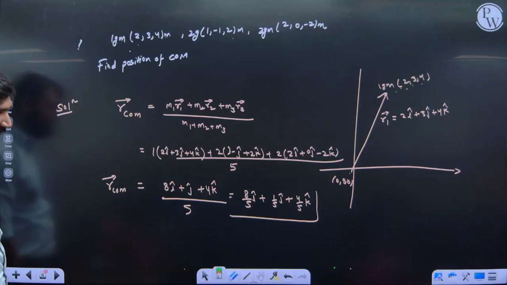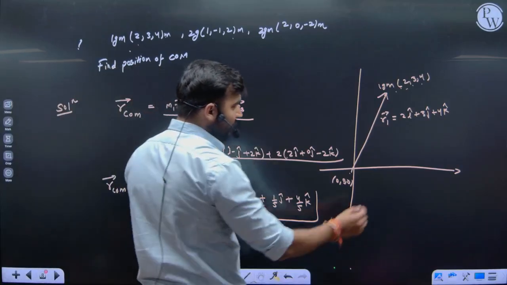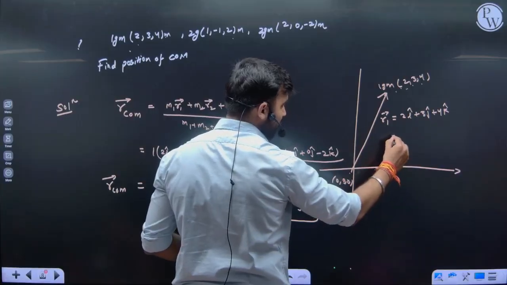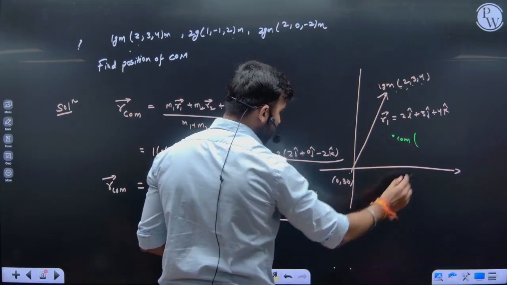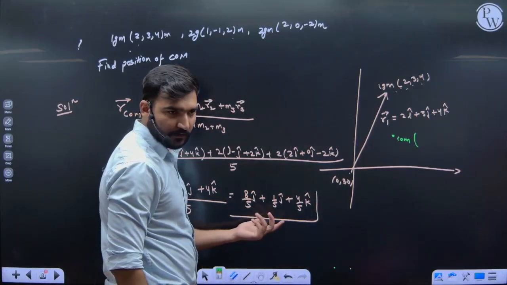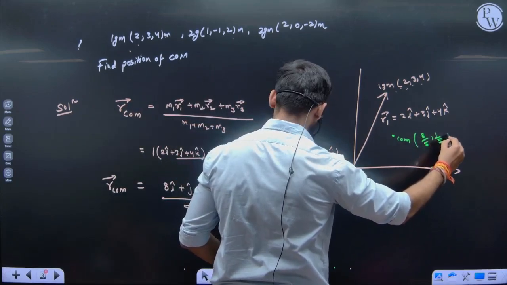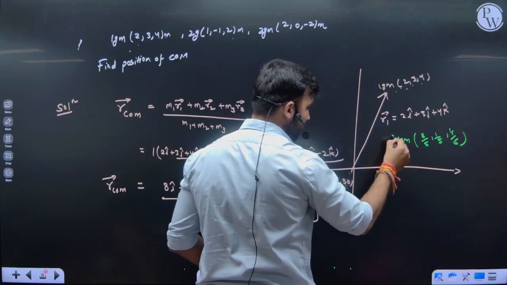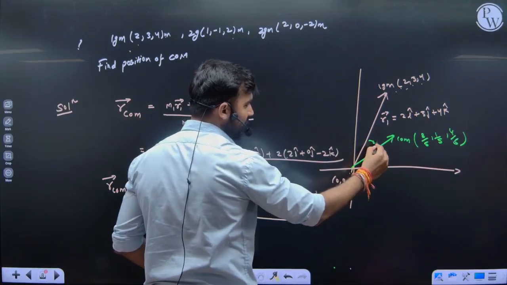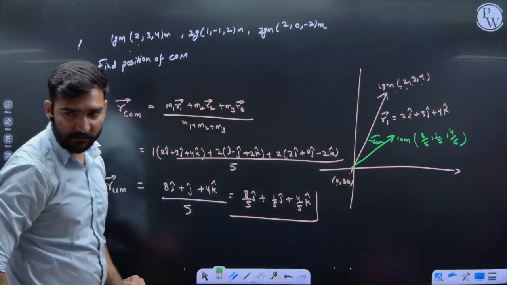Wherever m1, m2, m3 are, let's say the center of mass is coming there. Its coordinate you can say is 8 by 5, 1 by 5, 4 by 5. This is also a vector, so you can write the vector this way. How do you calculate this vector? Final minus initial: 8 by 5 i cap, 1 by 5 j cap.